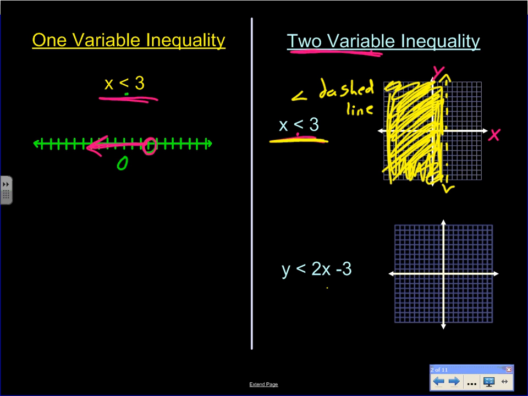For the problem down here, this one says y is less than 2x minus 3. This is in slope-intercept form. Here's the y-intercept at -3. 1, 2, -3. We put our point. And 2x, slope is 2 over 1, up 2, to the right 1, to the right 1. There we go.